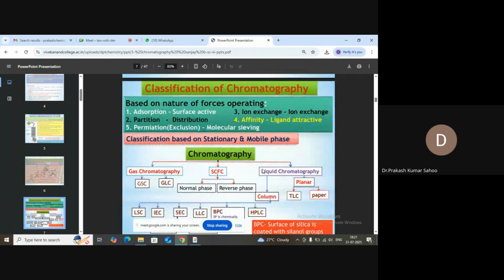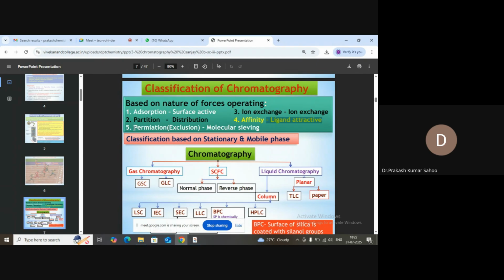Okay. So, classification of chromatography. Chromatography is classified based on the operating process. If it is adsorption, that is surface active, the stationary phase is solid. If it is partition, then this is distribution, and the stationary phase is liquid. If it is ion exchange, it is ion exchange chromatography. If the force is affinity, that means ligand attractive force is there.